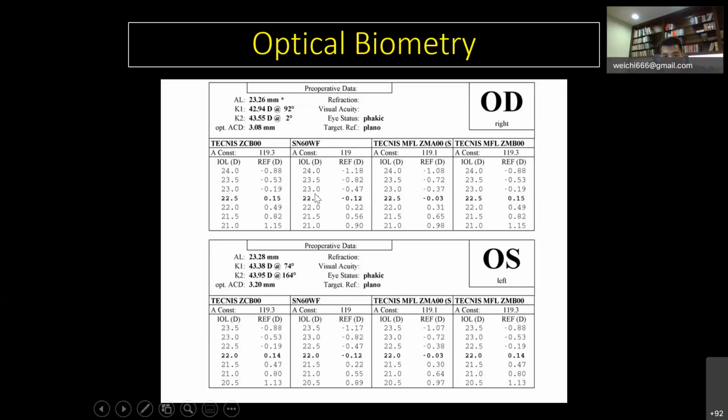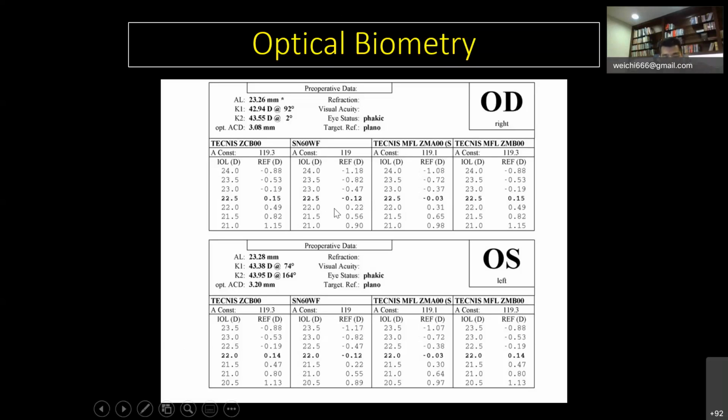For example, if this is a very old patient, 85 years old, he doesn't need to read newspapers or magazines. He just needs to have good eyesight for watching television or taking a walk outside.